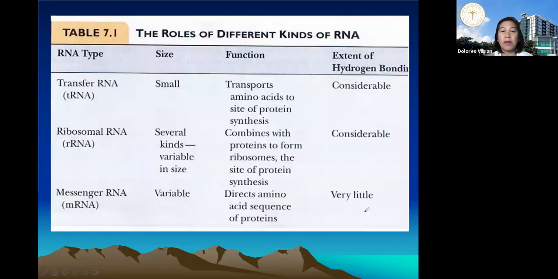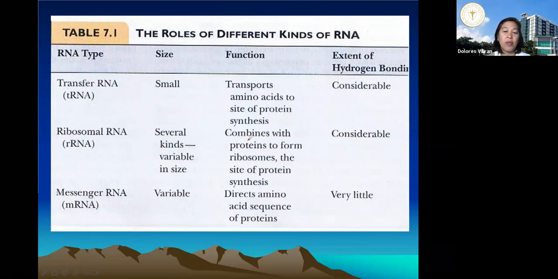And these are the different roles of different kinds of RNA. So tRNA or transfer RNA is the smallest among the RNAs. Take note of this, it was asked in the board exam. The smallest RNA, the tRNA, has the function of transporting amino acids to the site of protein synthesis. While ribosomal RNA has several kinds.